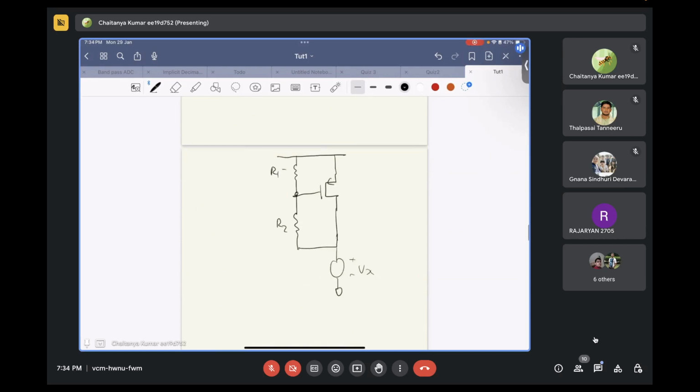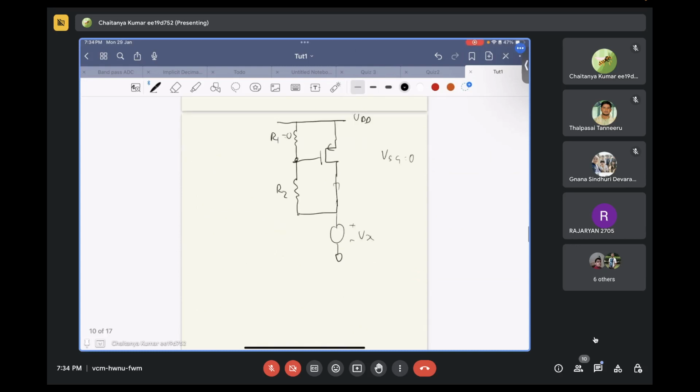And you said R2 is equal to 0. So your MOSFET is always going to have zero current because your VSG is 0. What if I give Vx less than 0, a negative value of Vx? What will happen then?